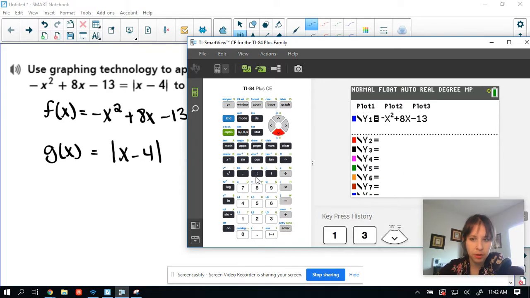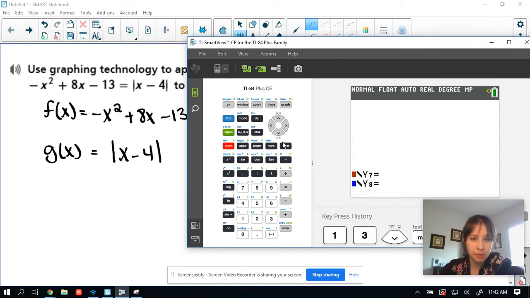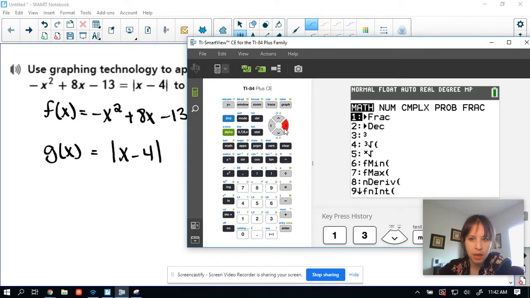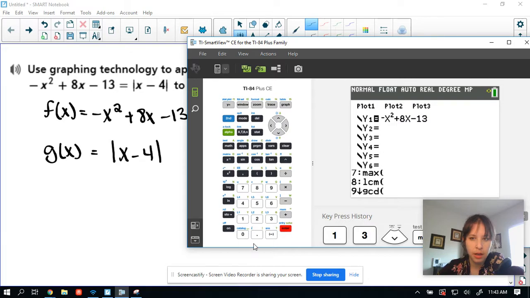So there's my first function. The second function is my absolute value. For this, I hit the math key, and I'm going to go over to num, hit enter, and there's my absolute value. So again, I'm going to do x minus 4.